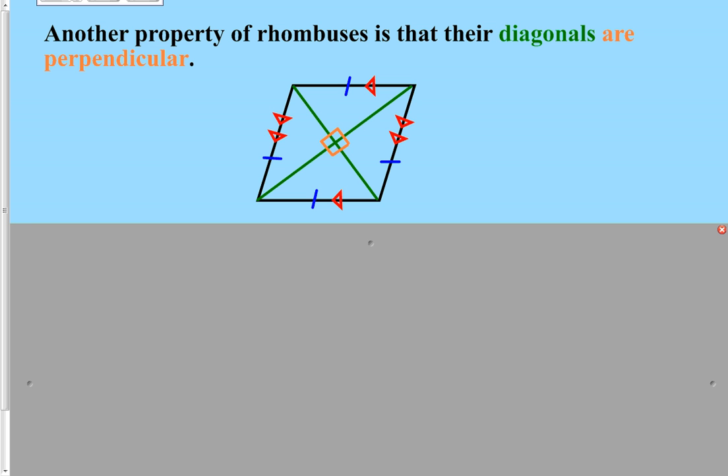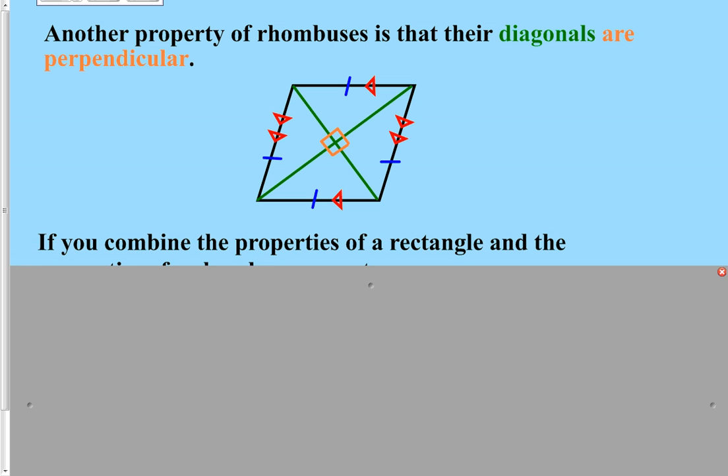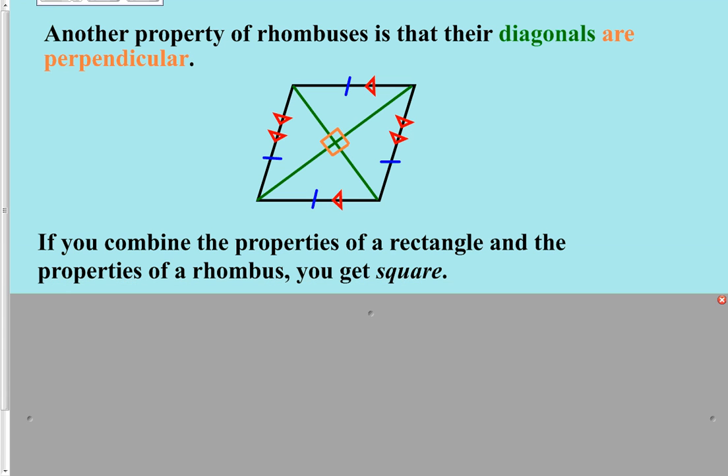And then there's one other type of parallelogram that we have not discussed yet. This would be the situation where we find properties of a parallelogram, but then also find properties of a rectangle and properties of a rhombus at the same time. A rectangle does not have properties of a rhombus, and a rhombus does not have properties of a rectangle.